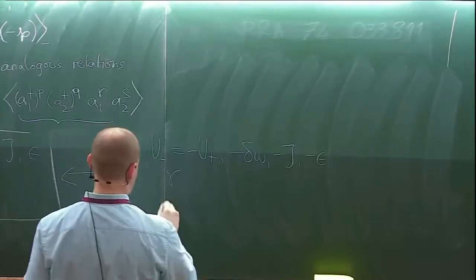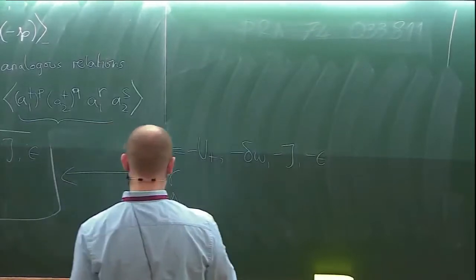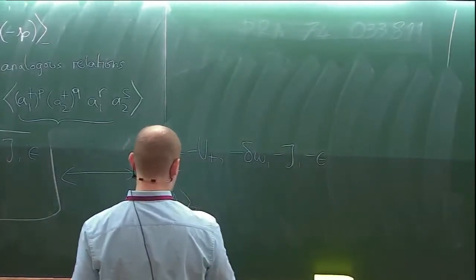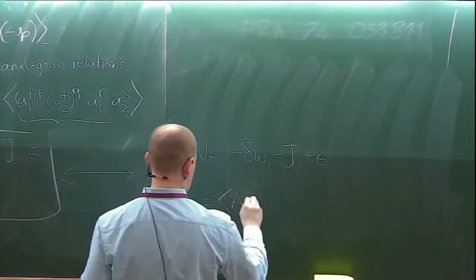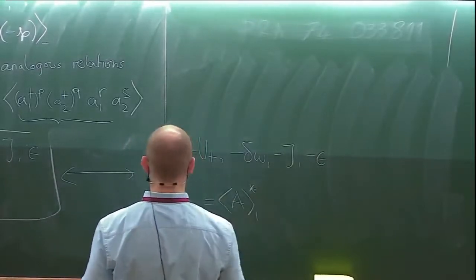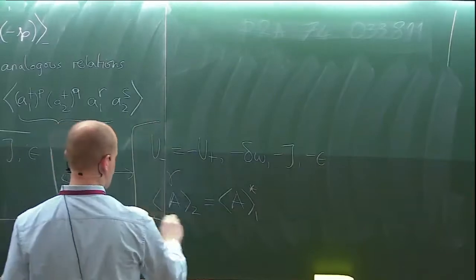Damping rate is still the same, and expectation values for the system 2 are the ones from system 1 with the complex conjugate.